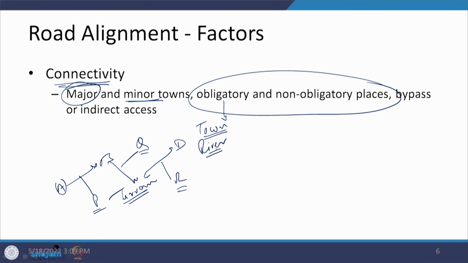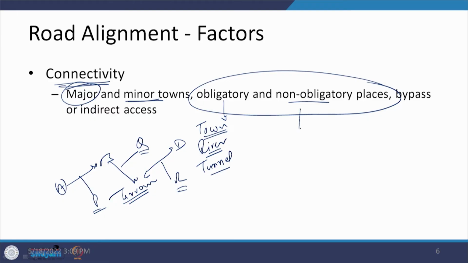So, a bridge has to be constructed, or as we said before, a tunnel has to be constructed in the hilly terrain if the hill is quite high, and going by a circuitous route is going to result in a lot of time which is to be devoted.